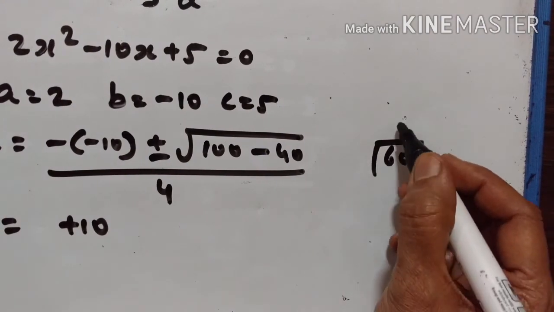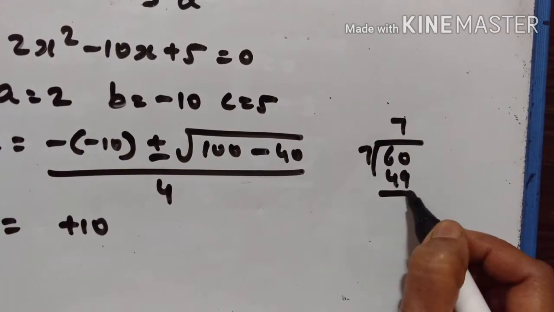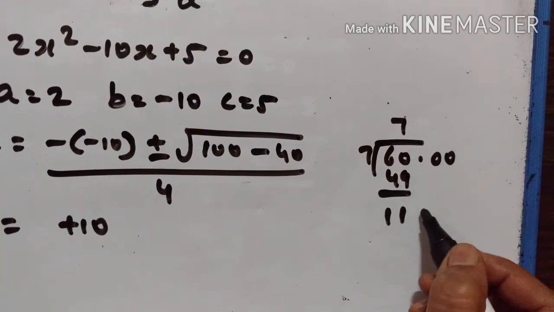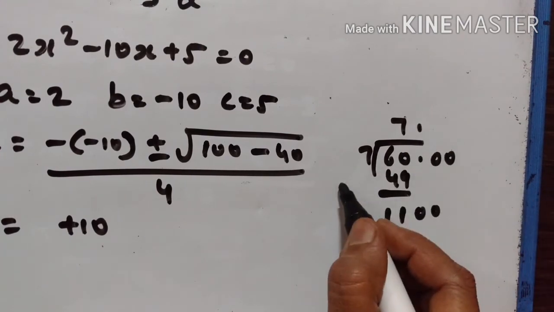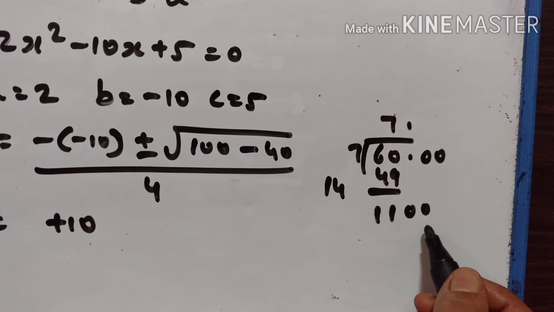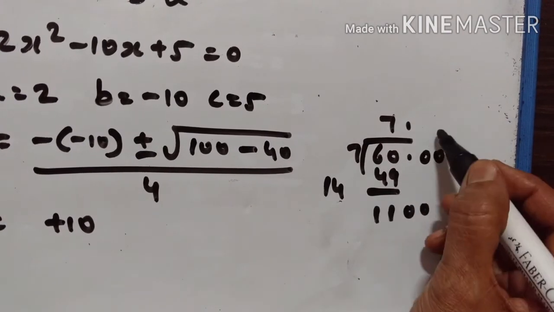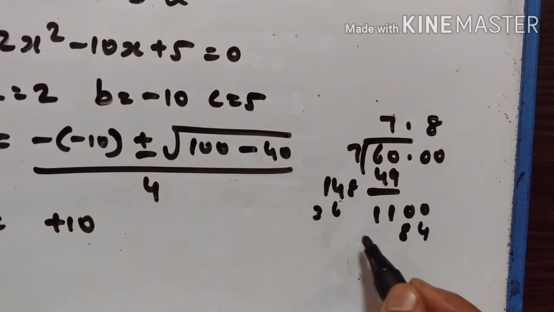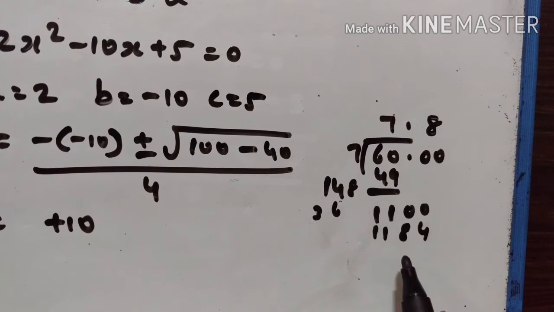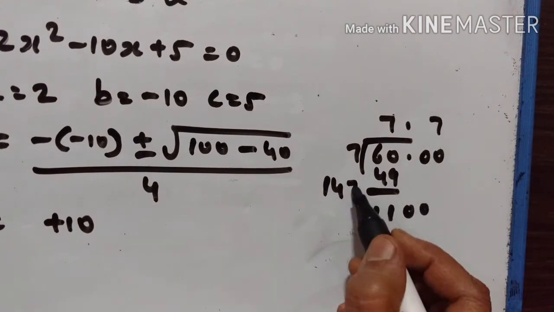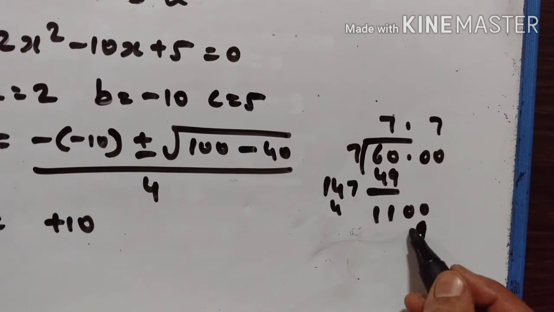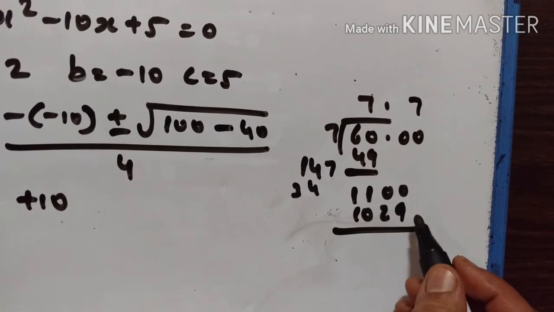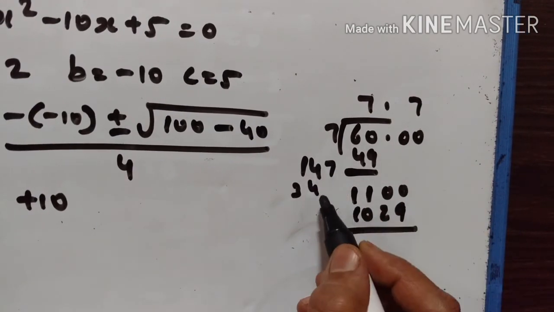8 8s are 64, so 7 7s are 49. Let us subtract this. What can we take now? Let us try 8. So this is more, we can't take 8. Let us take 7. 147 plus 7 is equal to 154.